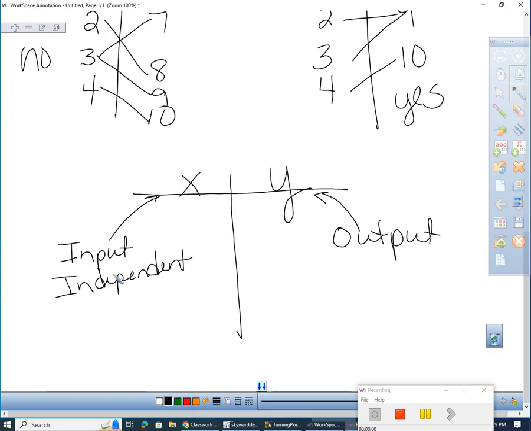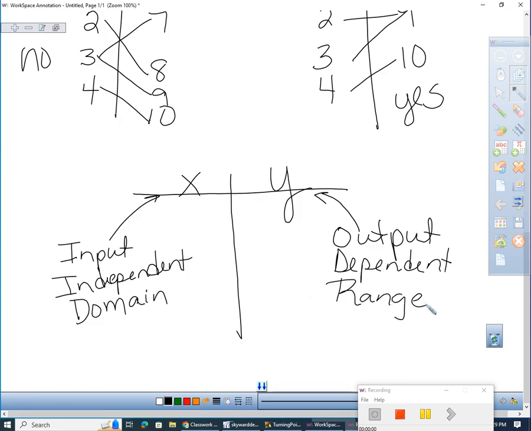If this side is our independent, what is this side? Dependent. Very good. What's another word we use for x? Starts with a D. Domain. Very good. Domain, and then our y value would be range. This is how we're going to refer to them from here on out, is domain and range.